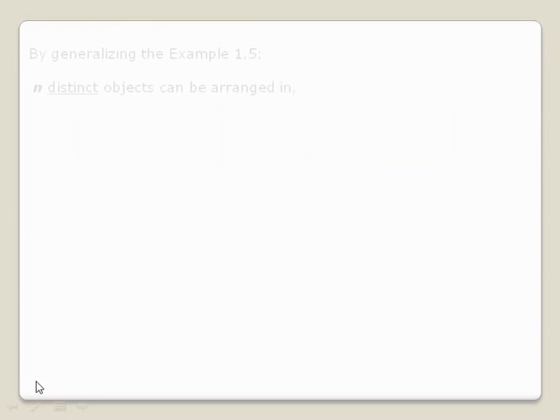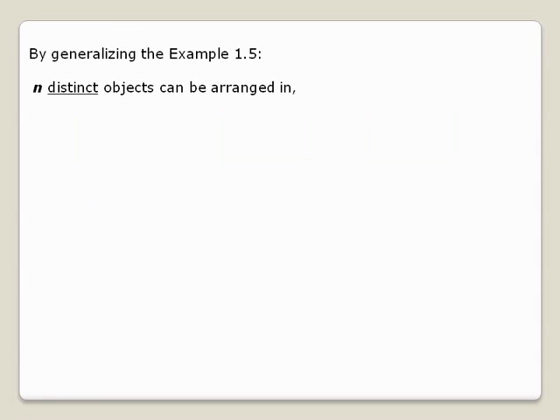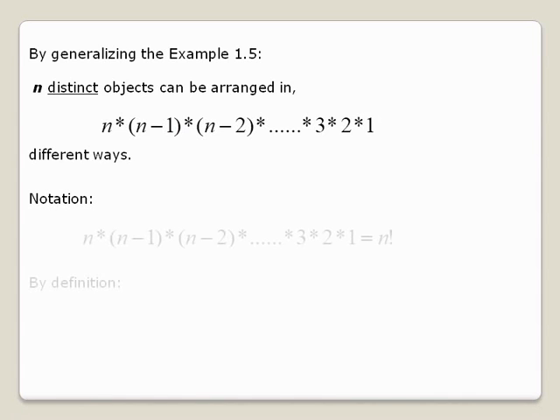By generalizing this example, n distinct objects can be arranged in n times n-1 times n-2 times, all the way up to 1. The notation will be n factorial.